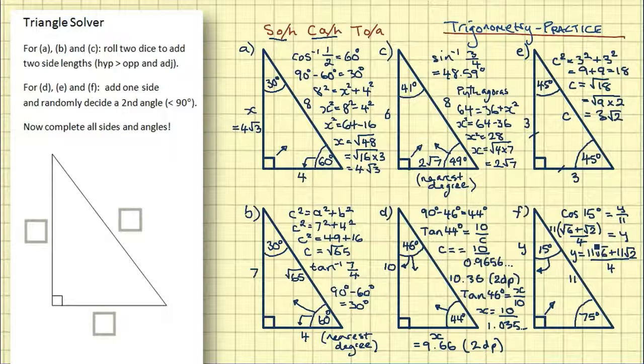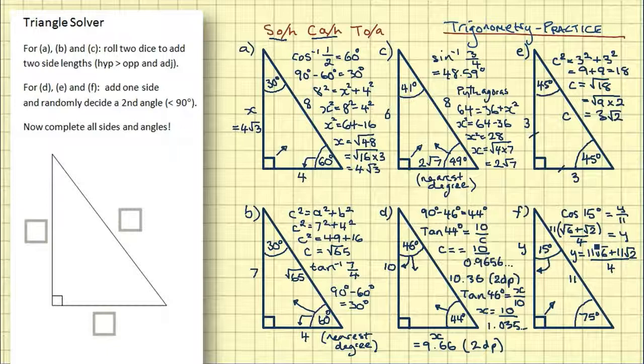Okay, I need to put brackets in, so I'm making sure that the calculator understands exactly what I need to do, and then I'm going to divide by 4. There we go. And it's written it in exactly the form I've got there. 11 root 6 plus 11 root 2 divided by 4.